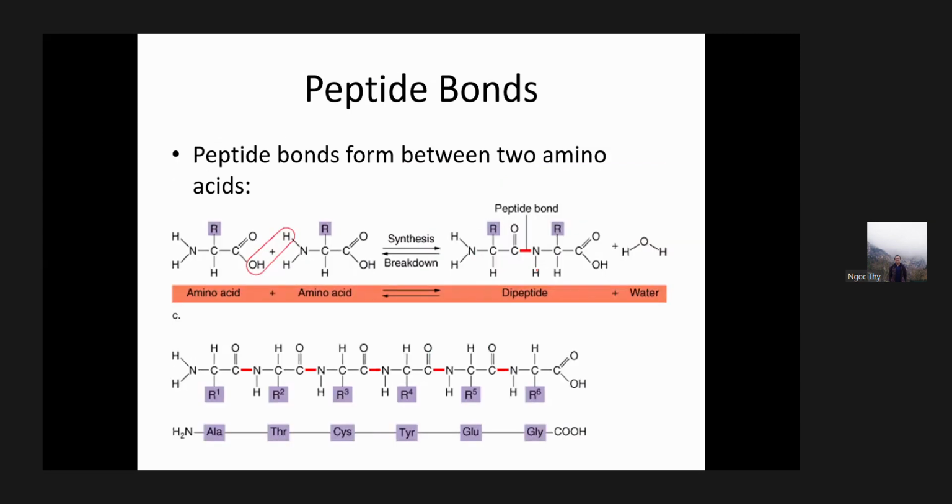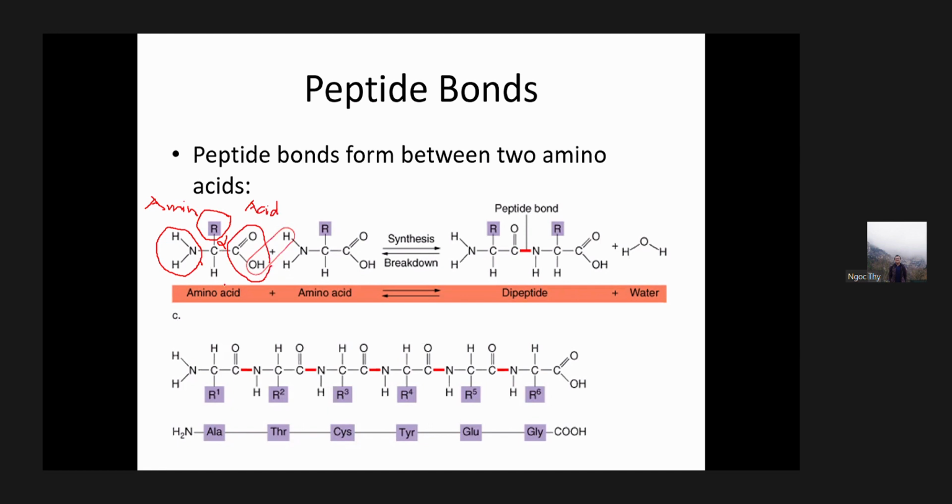For the peptide bond, in an amino acid we have the alpha carbon, the carbon in the middle here, binding to the side group. We call it an amino acid because it has an amine group and a carboxyl group, or acid group.